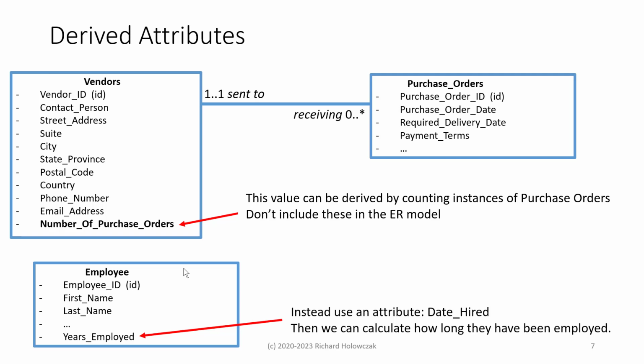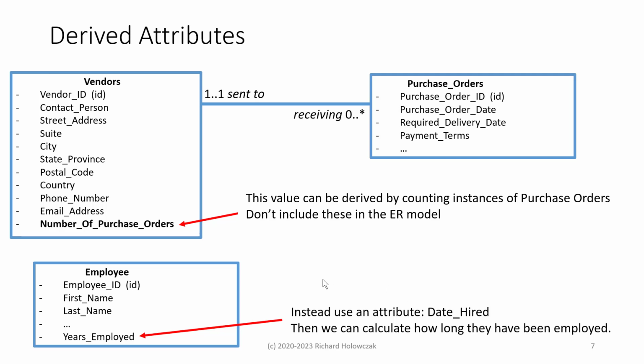Another example: we might want to keep track of the years an employee has been at the company. We might include an attribute like years employed. The problem with an attribute like years employed is that every year we have to update it to add another year. Instead, we can use an attribute called date hired.